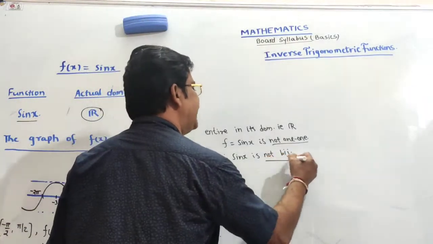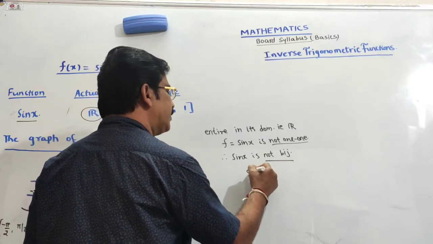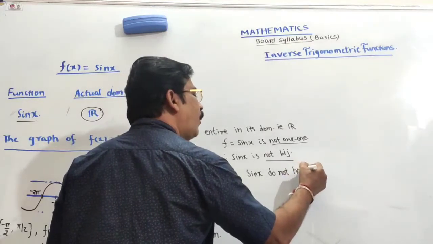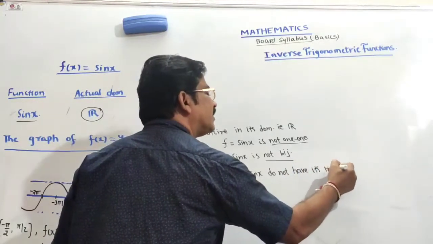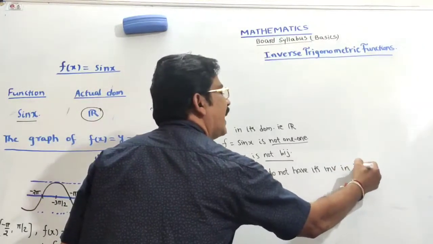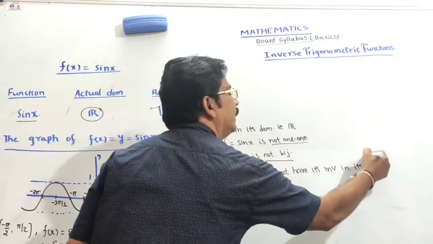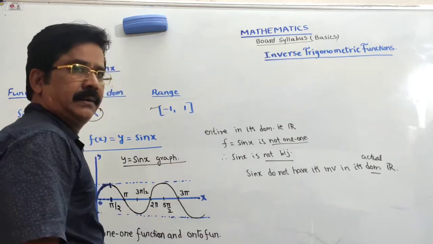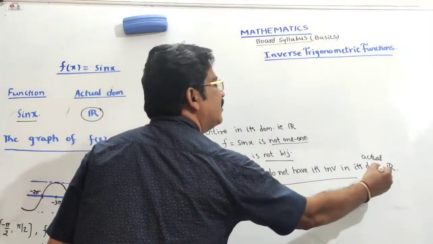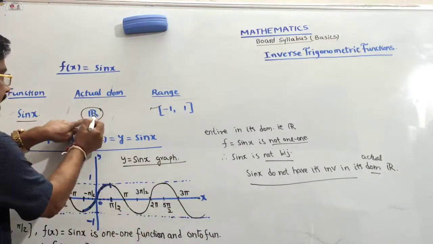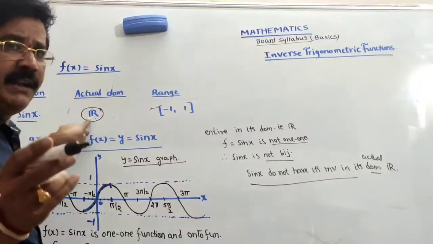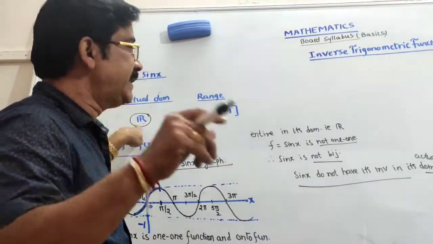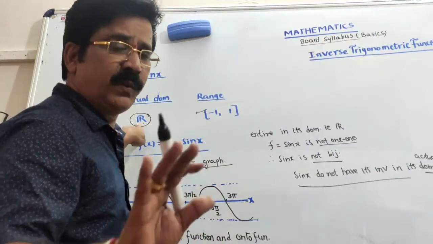Therefore, whenever it is not a bijective function, sin x does not have its inverse in its actual domain, that is capital R. Therefore, in this area, sin x is not a bijective function, and so sin x does not possess its inverse. Okay, it is one concept.